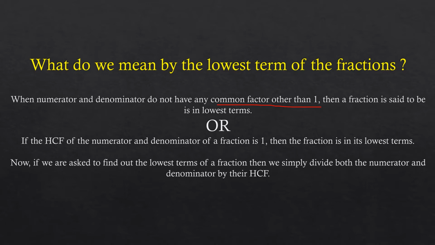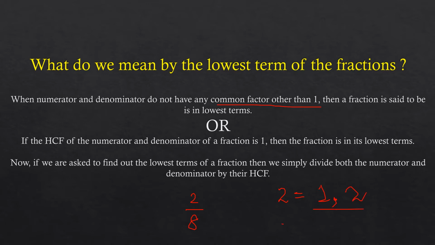Suppose you are having a fraction 2 by 8. Now, if we write the factors of 2, factors are nothing but the numbers which can divide the given number. 1 can divide 2, then 2 can also divide 2. So these two are the factors of 2.